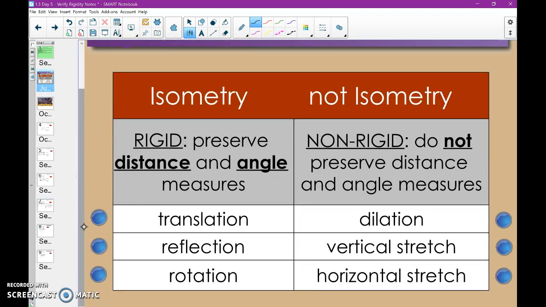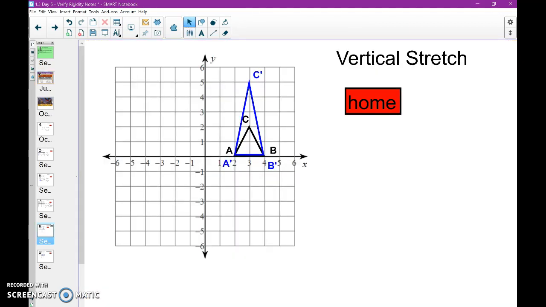Second and third ones are kind of similar. They have to do with stretching and shrinking. So stretching is kind of like I take the two pieces of the shape and just pull them up or pull them down like that. Our original one is the black one here, and you can kind of see that point C was stretched up a couple units. If you stretch something, are you changing the size of the shape? Yeah, probably.